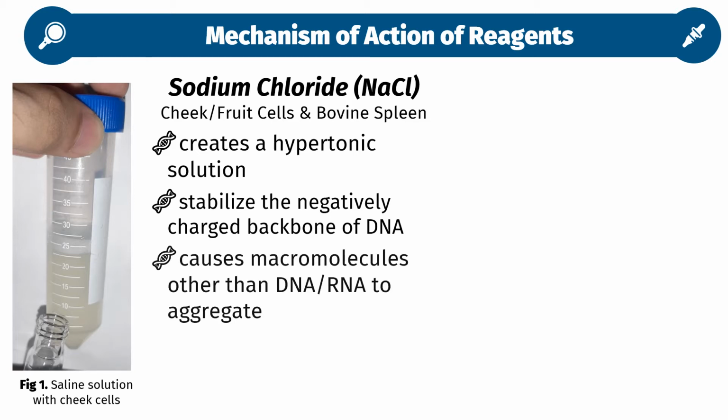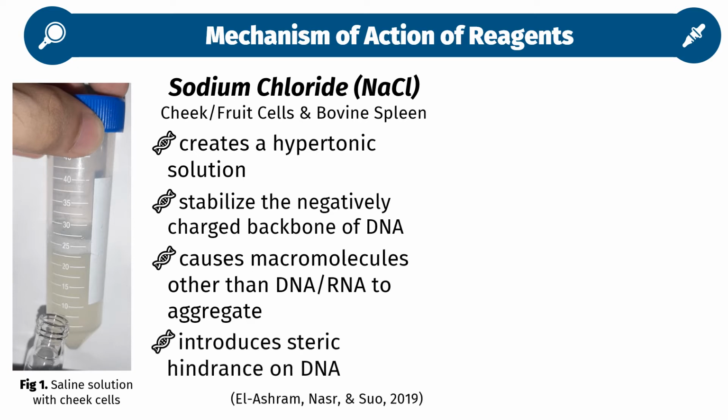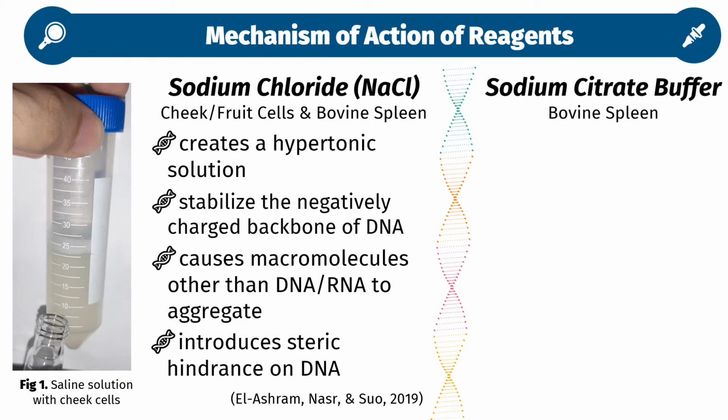In addition, sodium chloride helps purify the DNA by dissociating some non-histone and histone proteins from the chromatin. Lastly, sodium cations introduce steric hindrance when DNases try to attack the DNA molecules, thus protecting DNA from DNase degradation activity. Similar to other buffers, sodium citrate buffer resists pH changes.